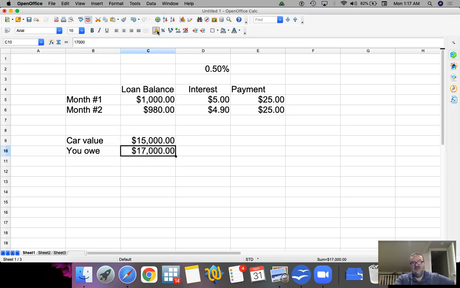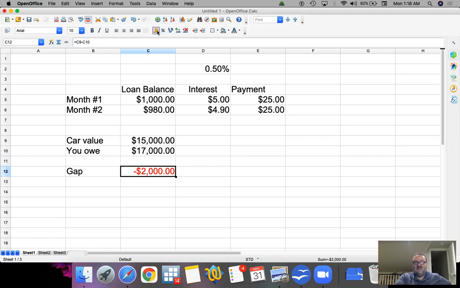So now there's a gap, and the gap is $2,000. If the car gets stolen and the insurance company pays $15,000 because that's the value of the car, you still owe the financing company $2,000 more than what you would receive from the insurance. So that's $2,000 that you have to come up with.